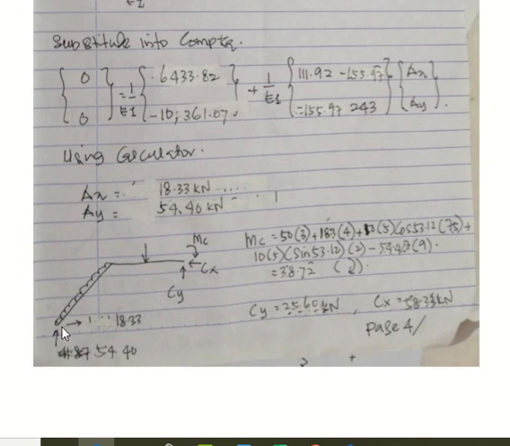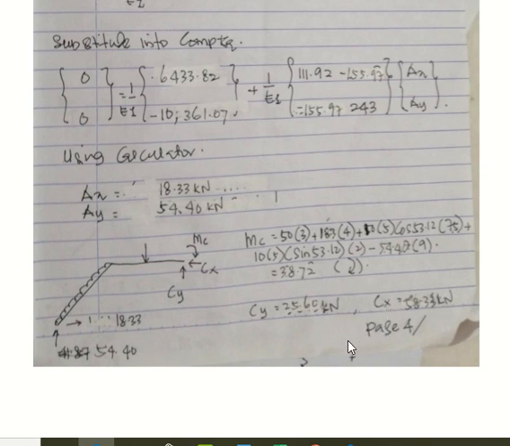After you determine AX and AY, you can determine the remaining reactions CX, CY, MC here. So this structure looks like a determinate structure. For a determinate structure, by using the three static equations, you can determine MC, CY, and CX.